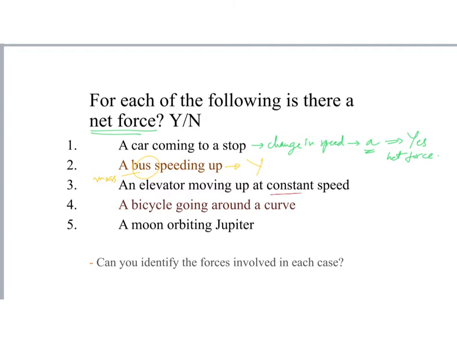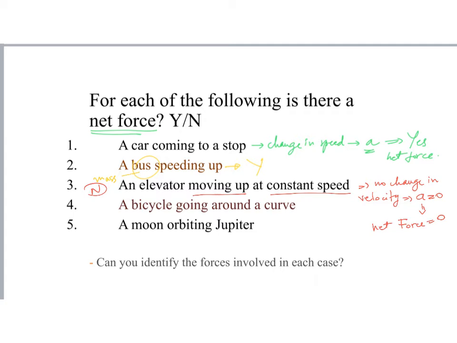All right, so constant speed. How about the direction? It's moving up, it doesn't change direction, so there is no change in velocity. That means the acceleration is 0. That means net force is 0. So no force here.